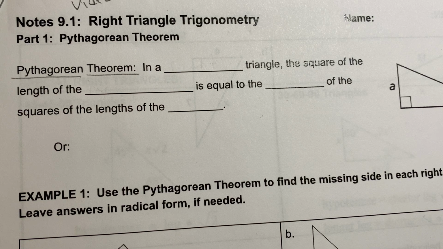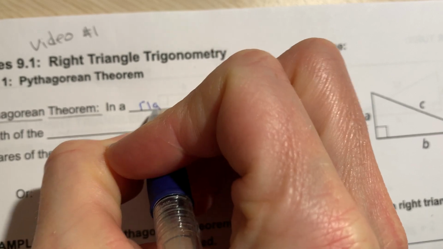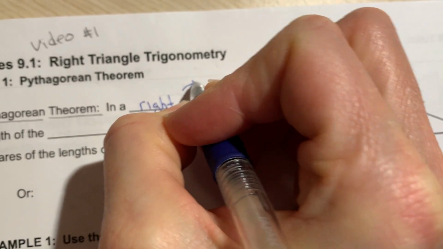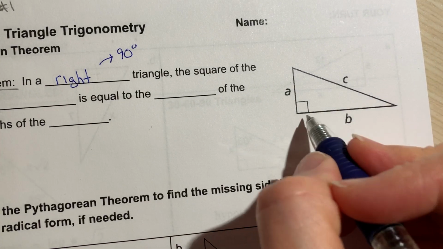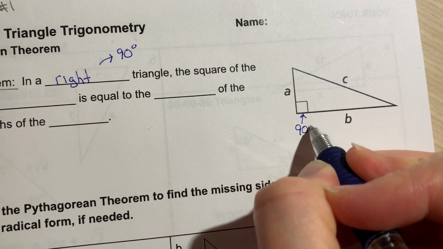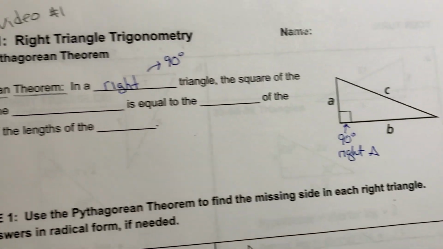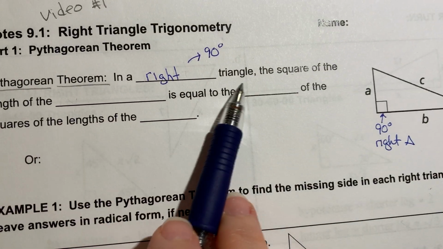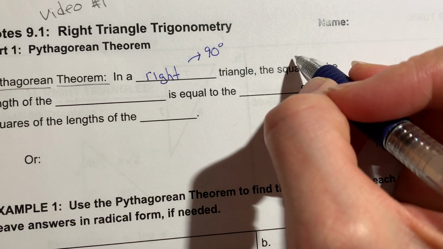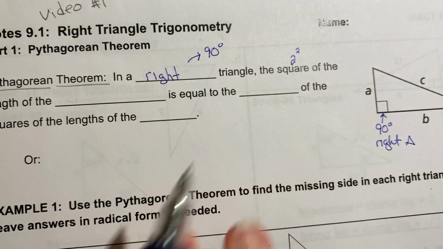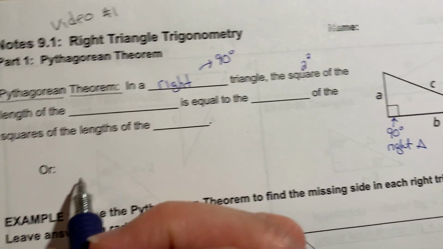So Pythagorean theorem applies to a right triangle. And remember, a right triangle is like the one you have right here with the 90 degrees, and we'll just label that a right triangle. In a right triangle, the square, so remember that means to the second power, of the length of the hypotenuse.